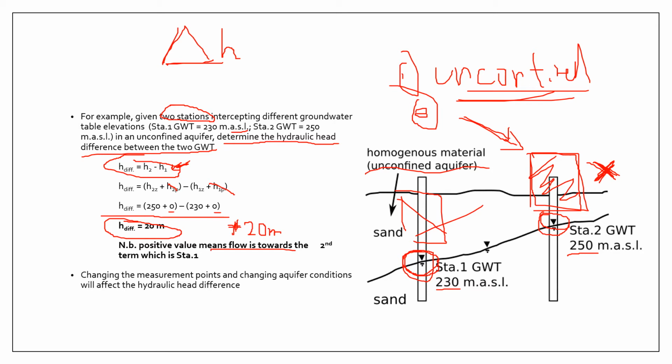It means that the direction of the flow will be going towards H1, or the subtractor. Always remember that changing the measurement points and changing the aquifer conditions will always affect the hydraulic head difference.